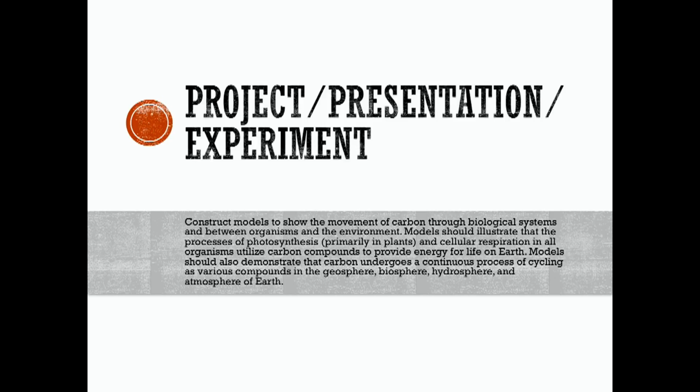Models should also demonstrate that carbon undergoes a continuous process of cycling as various compounds in the geosphere, biosphere, hydrosphere, and atmosphere of the Earth. So, I challenge you to make a project, a presentation, an experiment, or a model and let your teacher know all about it.